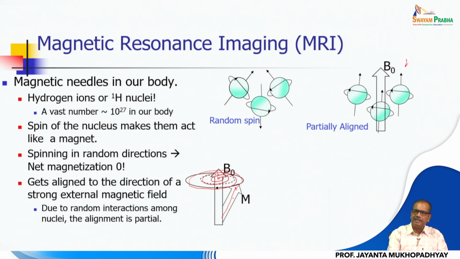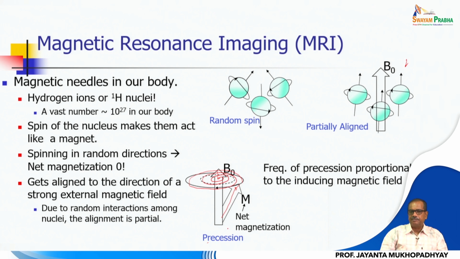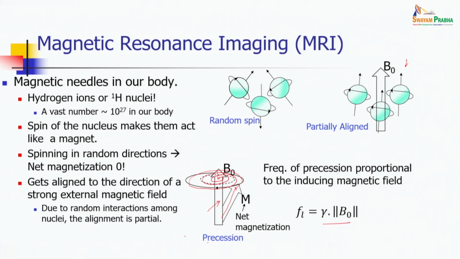We will talk about this net magnetization, which actually provides some information, and there is a phenomenon called magnetic resonance, which gives quite interesting information. This rotation of the magnetization is called precession. The frequency of precession is proportional to the inducing magnetic field, B naught.